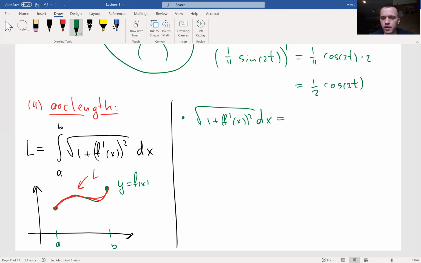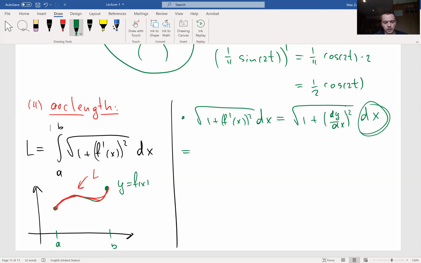So I'm going to have 1 plus dy over dx squared dx. The next step, I will treat dy dx as a fraction. I'm just doing this to save time because we don't have a lot of time to talk in detail. But I'm going to take this dx and bring it inside my square root.